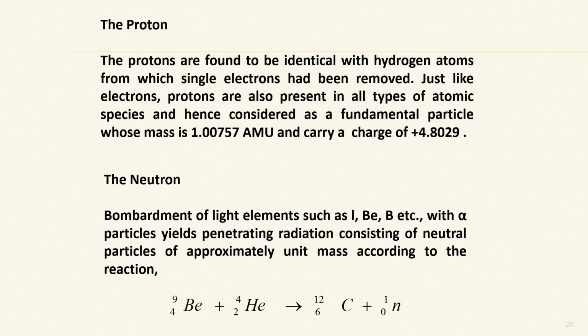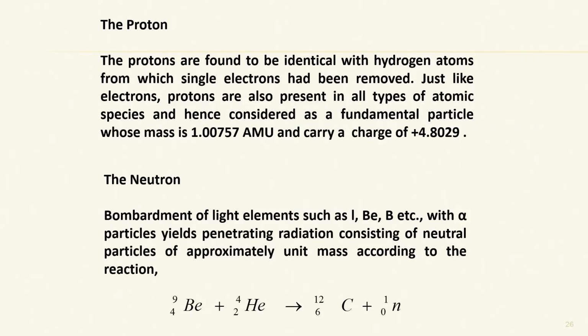Whatever I am writing at the top is the mass, whatever I am writing at the bottom is the charge. So, beryllium plus helium goes to 12 C 6, that is, carbon atom of 12 atomic mass and 6 atomic charge, okay, plus it releases 1 neutron of 0 charge and 1 atomic mass.